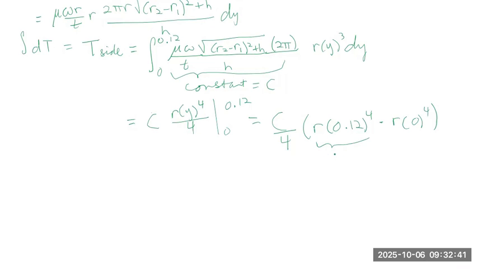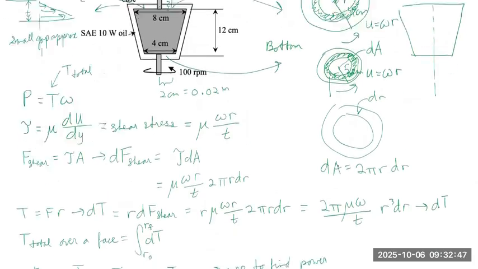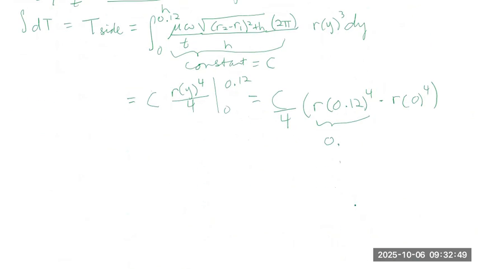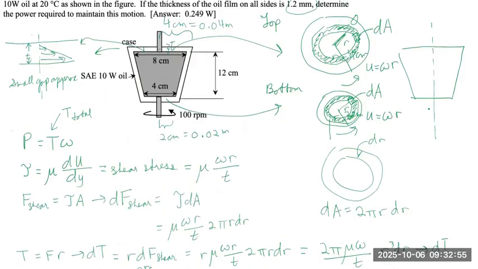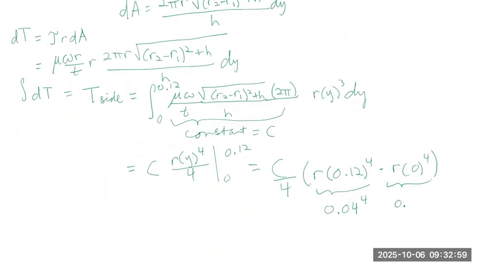What do we say? It's a radius of 4 centimeters, so 0.04 meters to the power of 4, and then the radius at 0 is 2 centimeters, so 0.02 meters to the power of 4.